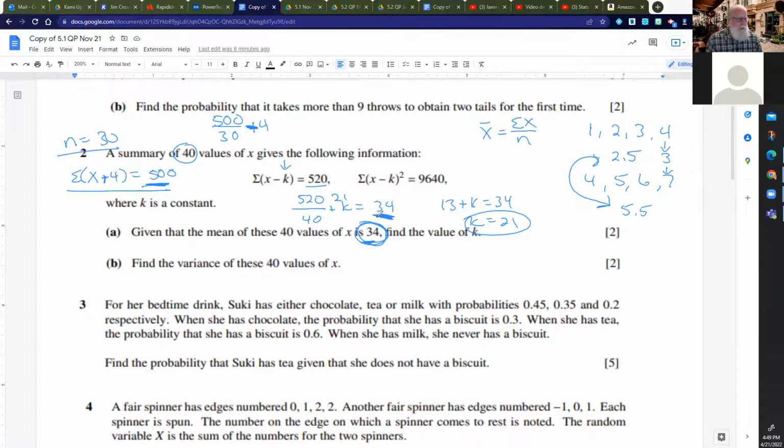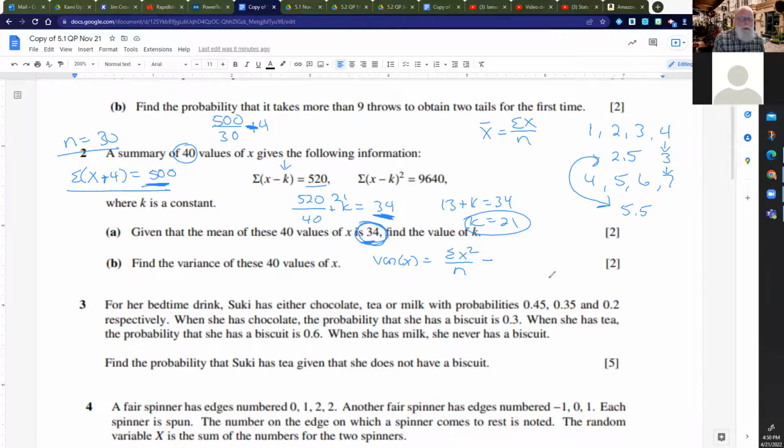All right. Yeah. Now, if I'm going to find variance, how do I find variance of numbers? Isn't it that I'm going to add up all the x squared, divide by the number of things, and then subtract what?